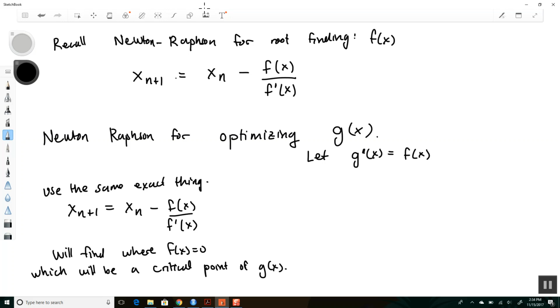Are we satisfied with that? Then if we want to just say this, x_{n+1} is going to be x_n minus, and instead of writing f of x, I'm going to write g prime of x divided by g double prime of x.